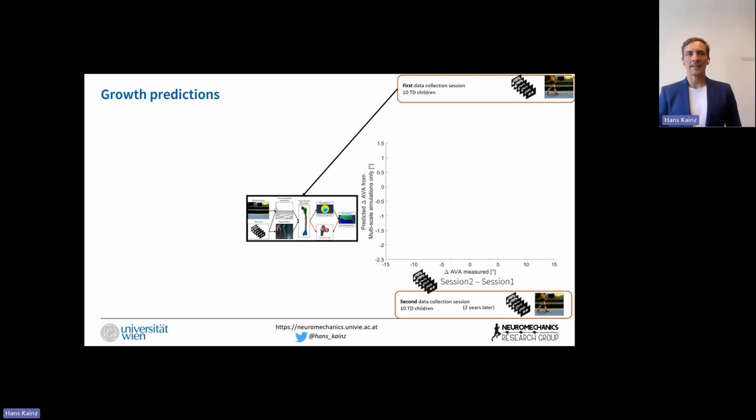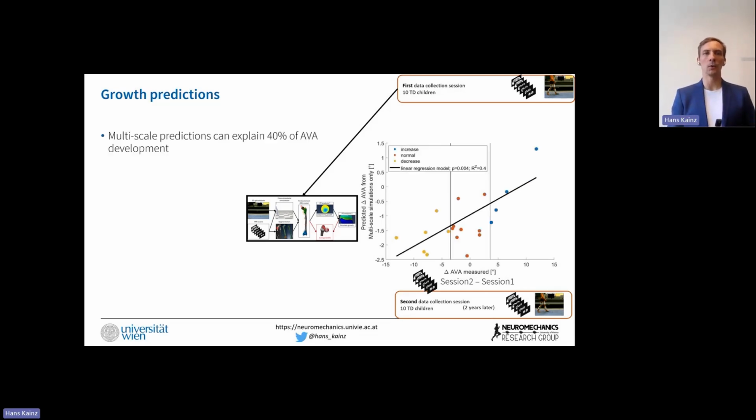So what we can see here is on the y-axis, the vertical axis, our predicted changes in the anteversion angle, and on the x-axis, the horizontal, the measured change in our anteversion angle. And what we found is when we use our multi-scale simulations only as an input, we can explain approximately 40% of the anteversion development.